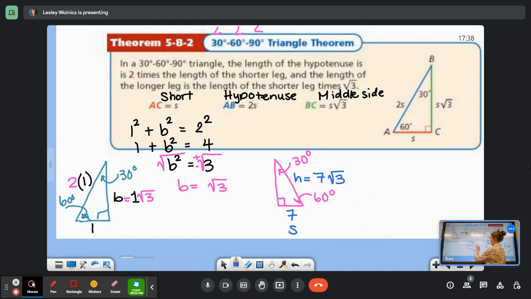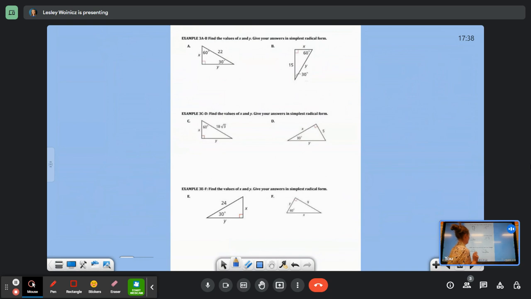Nope, I did that wrong. I'm sorry. It's 2 times 7, which is 14. And my middle side, my other leg, has to be 7 square root of 3. It always works like that. Okay, let's do some examples. Sorry that I botched it.